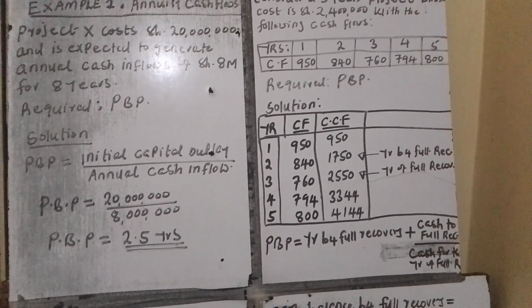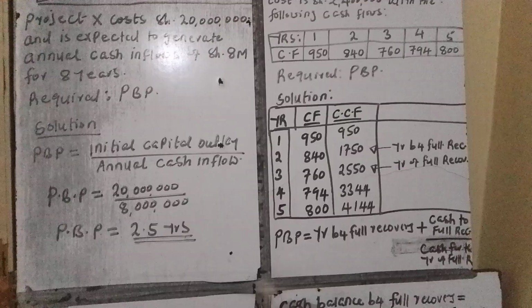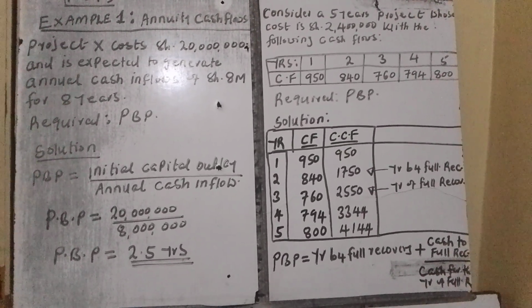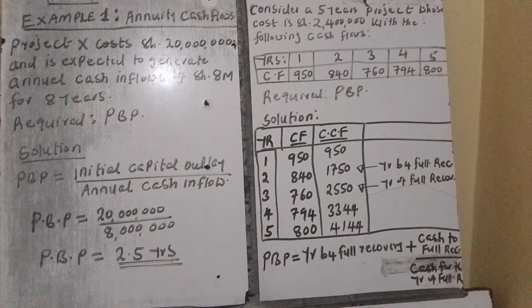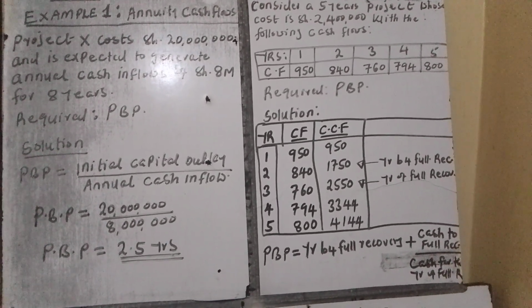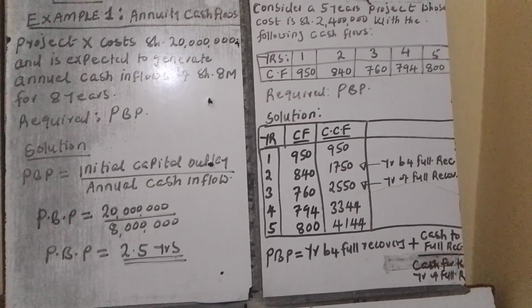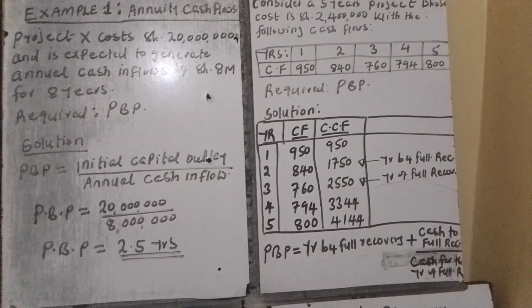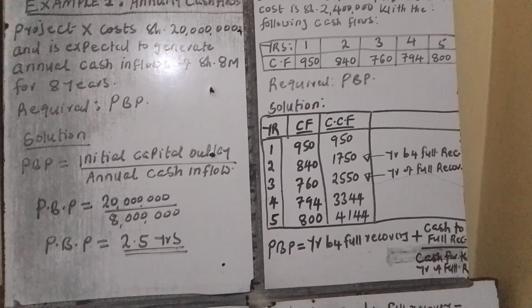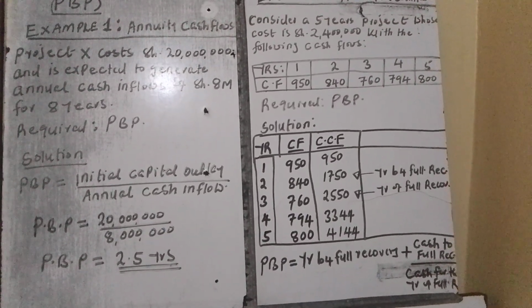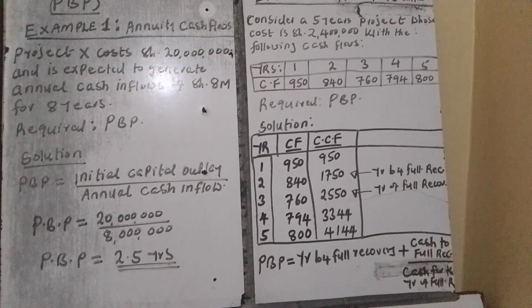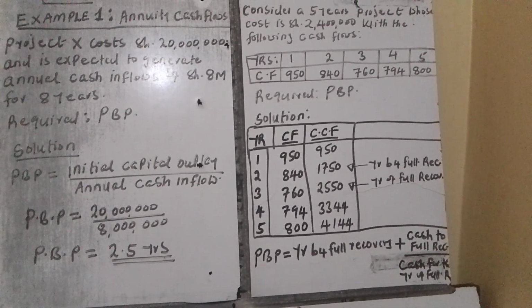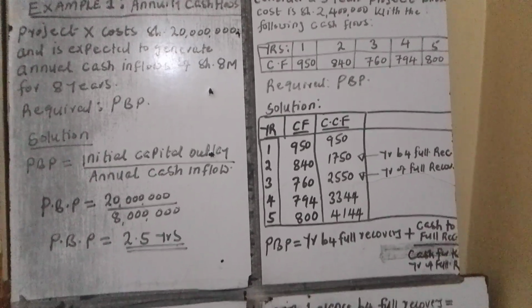Payback period is given by initial capital outlay divided by the annual cash inflow: 20 million divided by 8 million, which gives us 2.5 years.